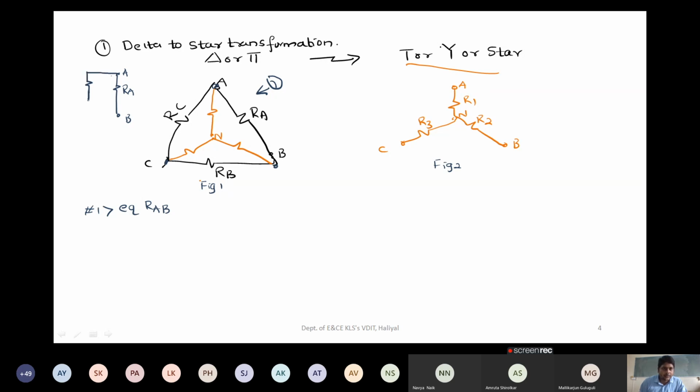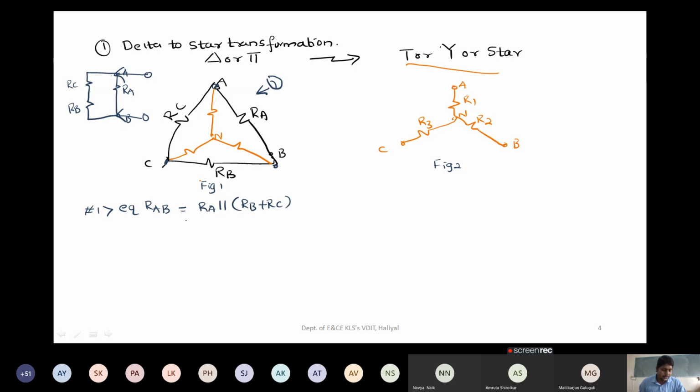RC and RB are connected like this. This is RB and this is RC. If you point the ohm meter or multimeter probes across AB, what will be the equivalent resistance? RA is in parallel with the series combination of RB and RC.